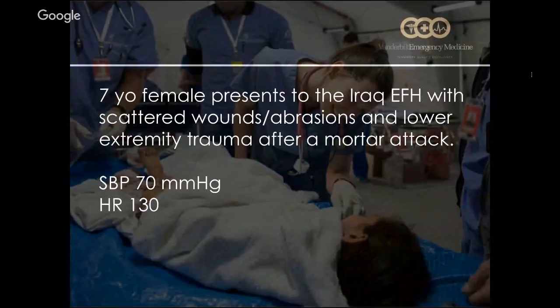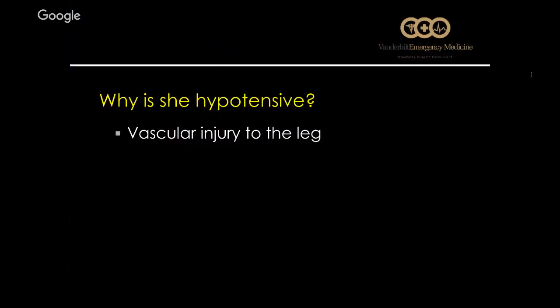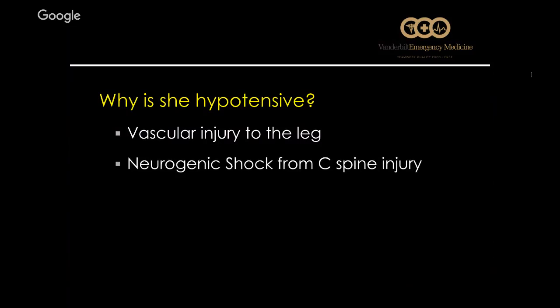So next slide. So is she hypotensive from the vascular injury? Is she hypotensive from a C-spine injury with neurogenic shock? Or is she hypotensive from a bleed elsewhere? So we're going to learn how to use the FAST exam to further evaluate this patient.